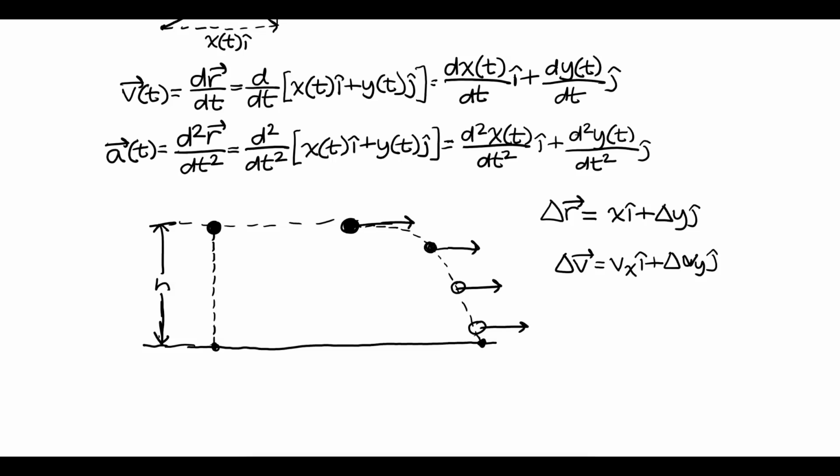The x component has no effect, precisely because the components are independent of each other, which means the y component, if it's initially 0 in both cases, will reach the same speed in both cases at the bottom, and they will accelerate at the same rate toward the bottom. So therefore, they have to reach the bottom at the same time.